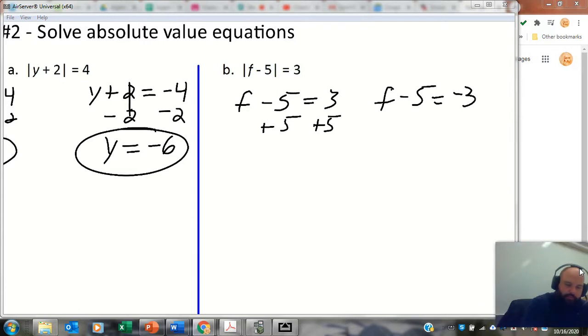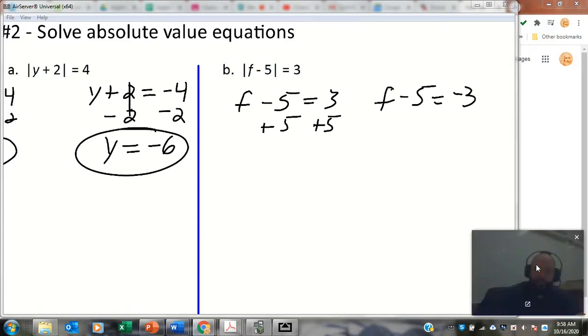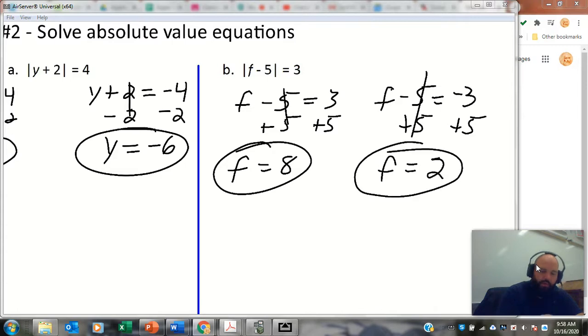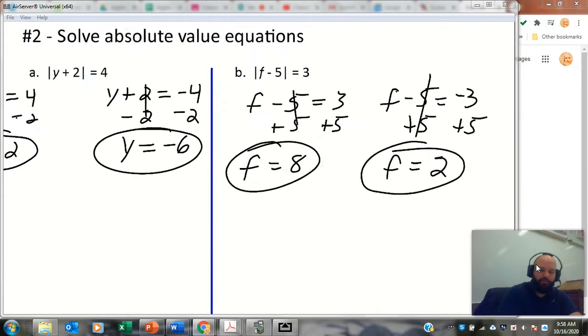You're going to add 5 to both sides of this first equation, and you'll get f equals 8. Over here, you're going to add 5 to both, and you get f equals 2. So there you go. We have two solutions. So again, remember, these absolute value equations should come up with two solutions.